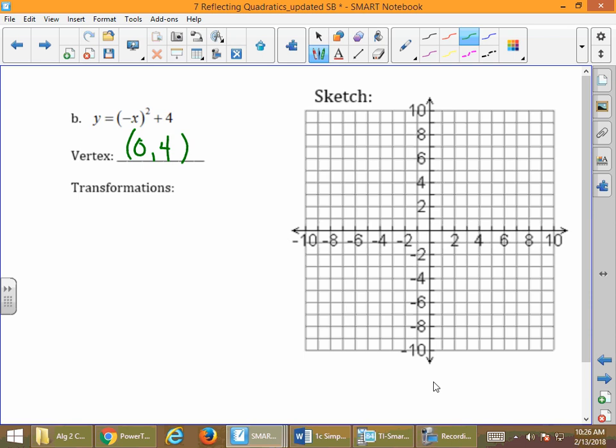The first transformation comes from that negative that's inside the parentheses, which means that we're reflecting over the y-axis. The negative is inside the function. The other part is, it says plus 4. That's our up 4 transformation.